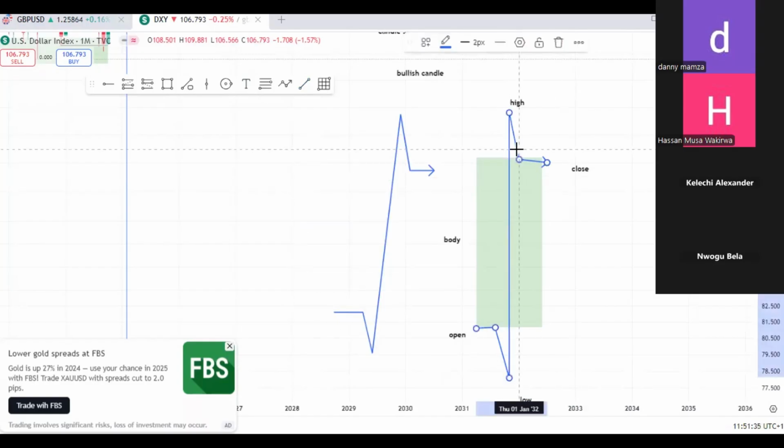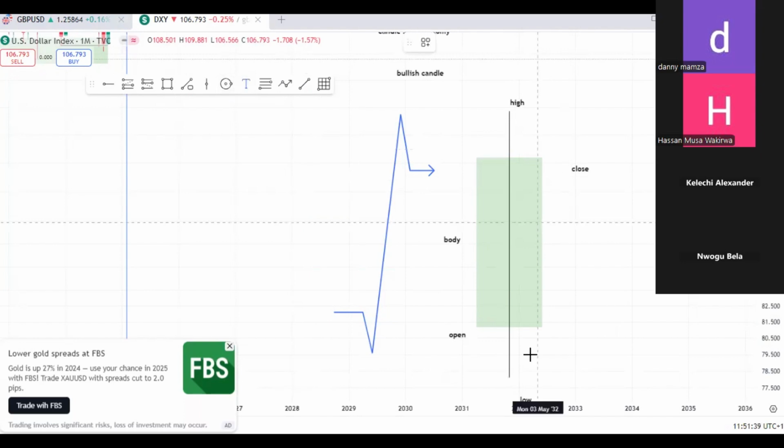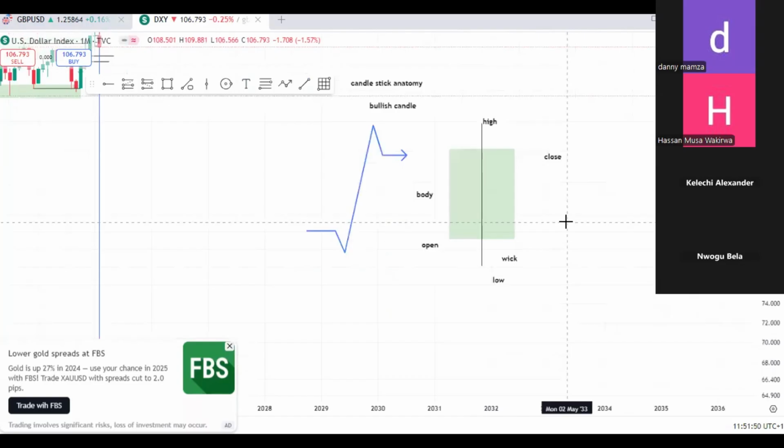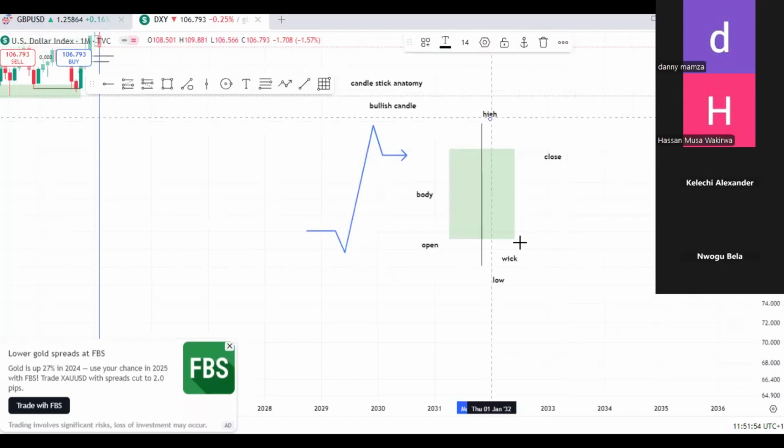Let me take this out. So this is the wick. Here, we call it wick. Are we together? Let me just get a little feedback. I've been talking, so let me just get a little feedback so that I know that we're on the same page. Together, we are together. Okay, it's understandable? Yes.